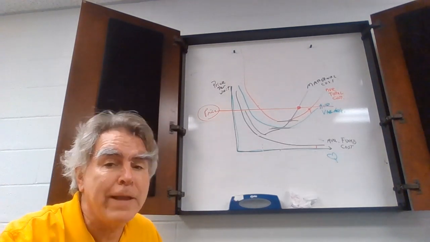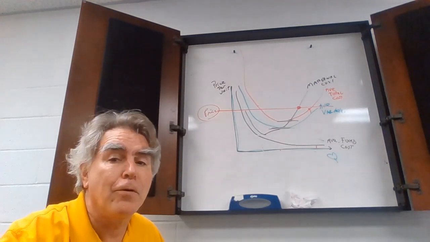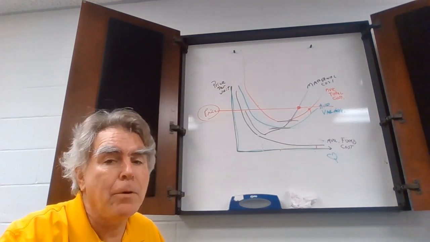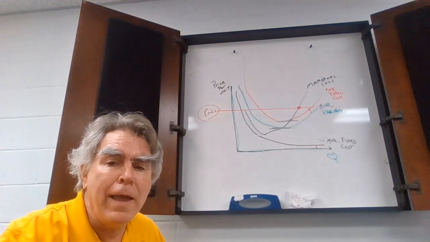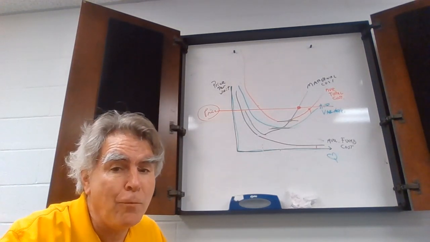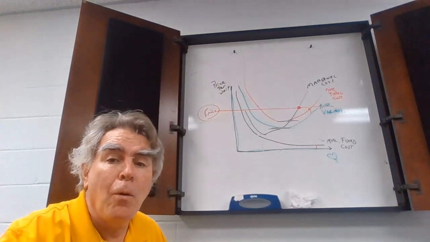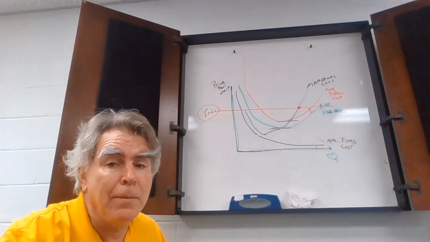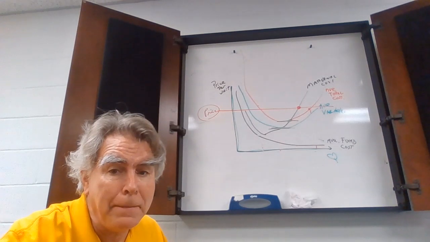So we have to create a marginal revenue curve, okay? Our marginal revenue curve says, if I lower my price by 1 unit, how many more customers am I going to get?